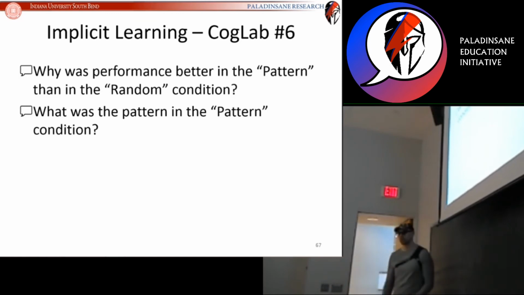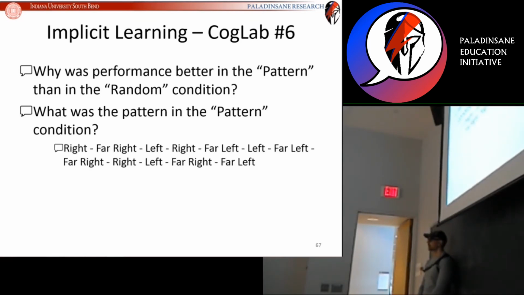This was my backup question in case anybody suspected that they were in the pattern condition. So I'm not even going to ask. Probably nobody noticed that they were in the pattern condition, which probably means that you did not notice what the pattern was. In the pattern condition, this is what the pattern was. And through repeated practice, you were able to learn this pattern.